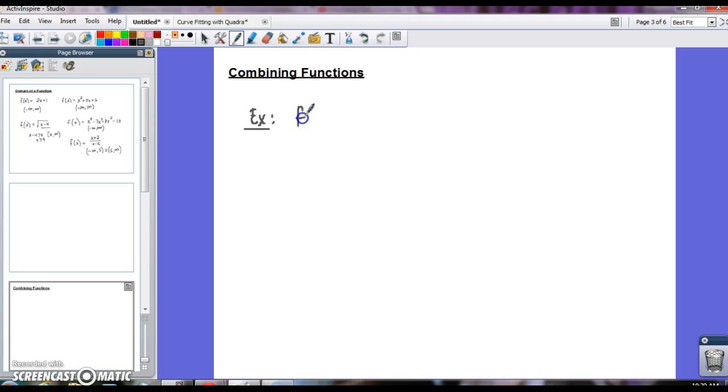if I have f of x is equal to 2x plus 1, and I have g of x is equal to x squared minus 4, I can do f plus g of x.